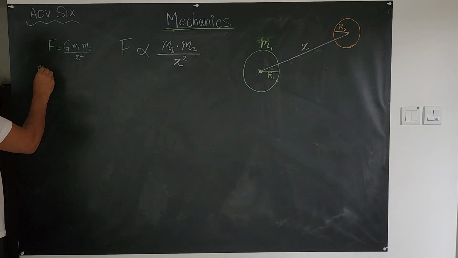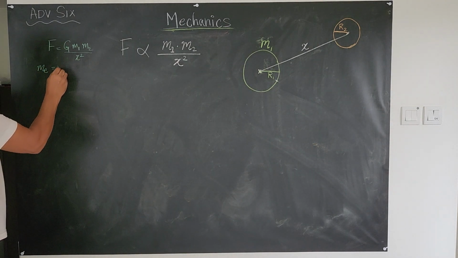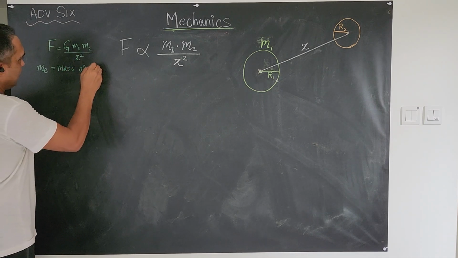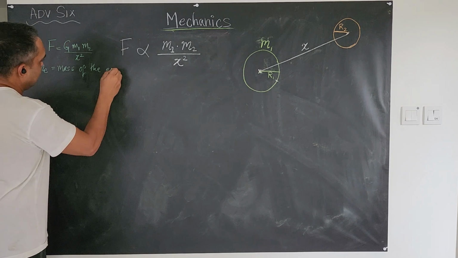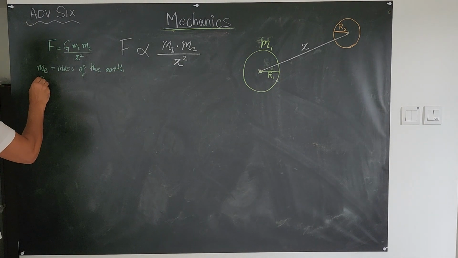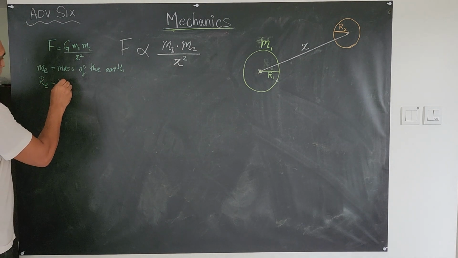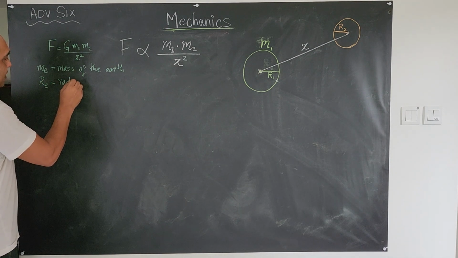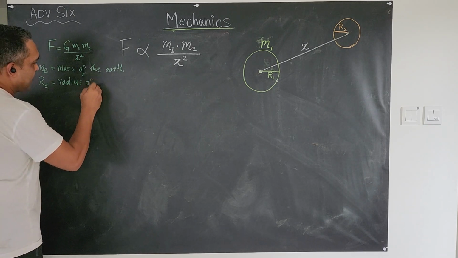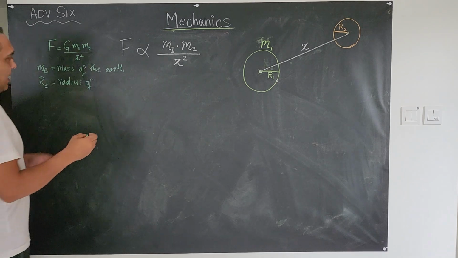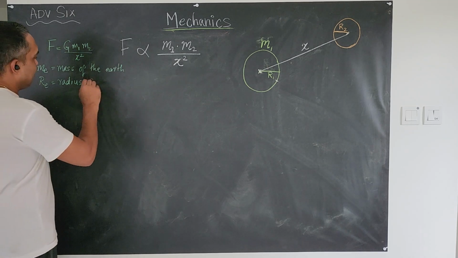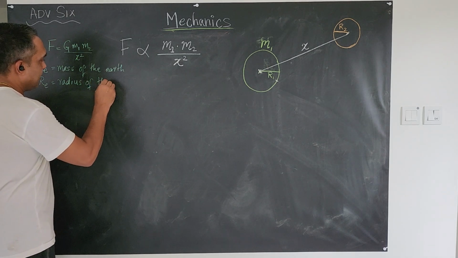I'm going to use Me for the mass of the Earth, and Re for the radius of the Earth. We could say mean radius of the Earth, because the radius is not identical across the entire sphere, and it's not even a perfect sphere, but for the purpose of this, we'll just say radius of the Earth.